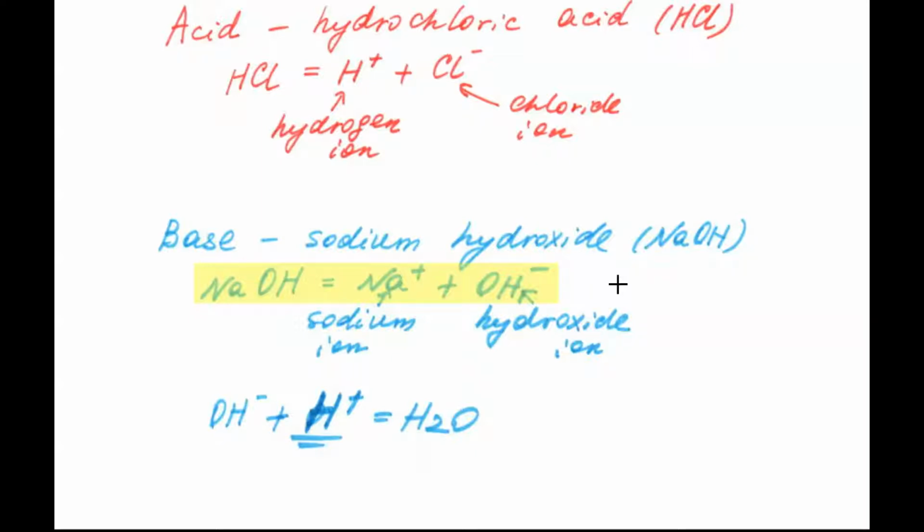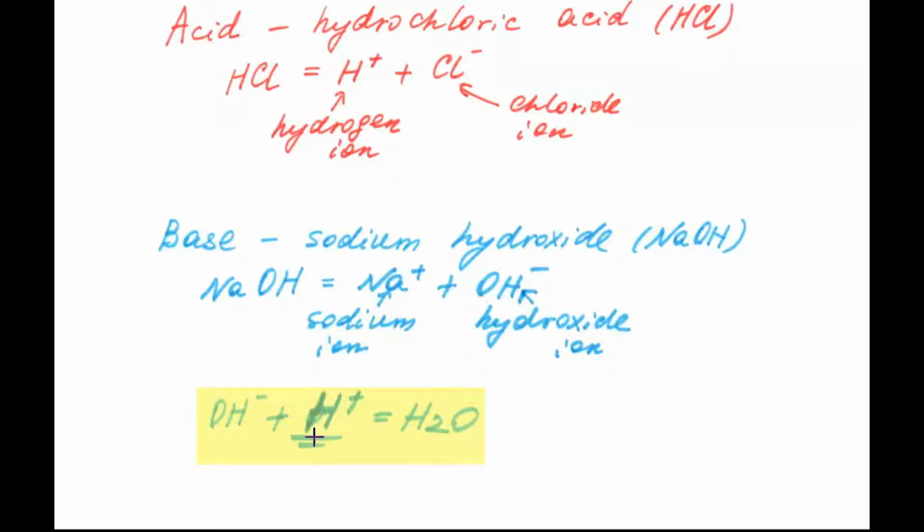In addition, those hydroxide ions, as shown over here, are going to join with hydrogen ions to reform water molecules. And because those hydrogen ions are being used up, the concentration of hydrogen ions will also decline.